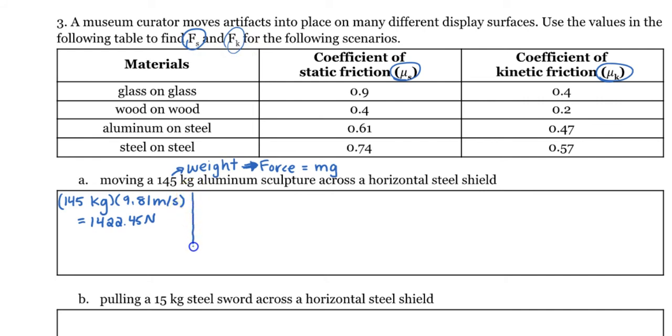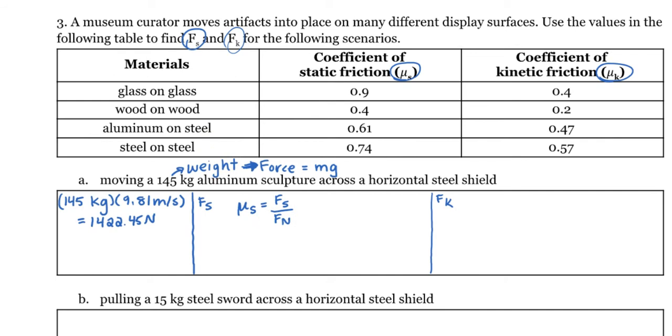I'm going to split this box into two additional sections. This first section will be for the force of static friction, and the second one will be for the force of kinetic friction. The equation that we use is the coefficient of static friction is equal to the force of static friction over the normal force.